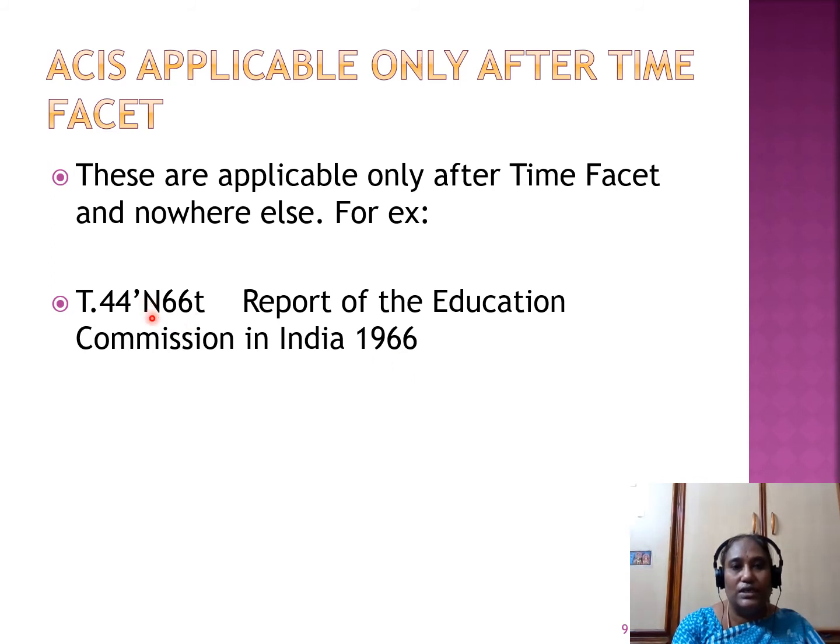This is represented as capital N66, and here T is the report of the Education Commission. This is the anteriorizing common isolate we are connecting after time. So this is time, N66 is the time, 1966, and we are connecting this isolate after time. So these are the three groups.